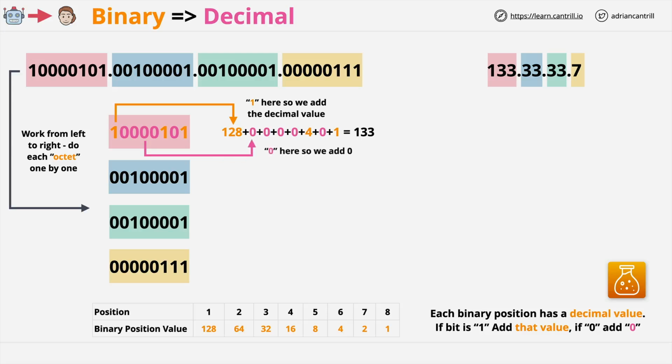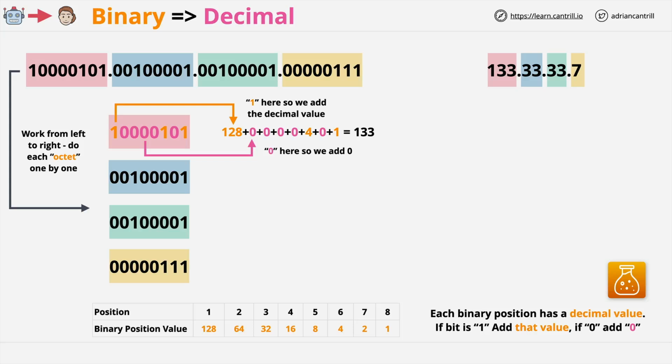So the first example, the 1 on the left, represents 128. So we write that down. We write 128 and then a plus. If there's a 0, and this is the case for the following 4 bits, so 0, 0, 0, 0, then we add a 0 in our equation. So we have 128 plus 0 plus 0 plus 0 plus 0.